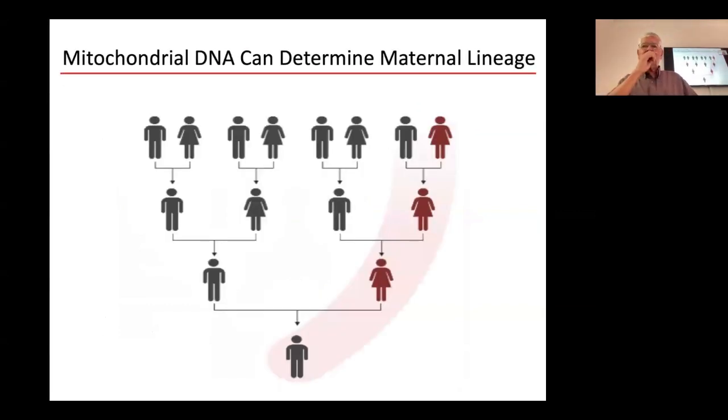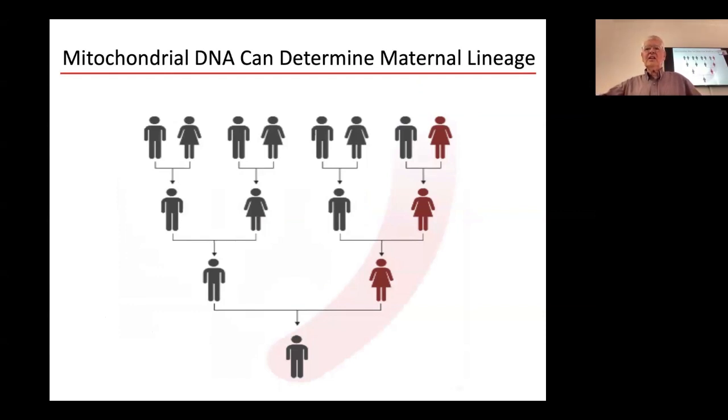Let me add just two other twists to this. Two things that are used: you can see your maternal line unaltered by looking at your mitochondrial DNA. The important thing is that your mitochondrial DNA does not get significantly recombined.